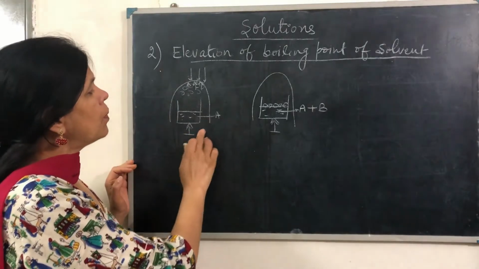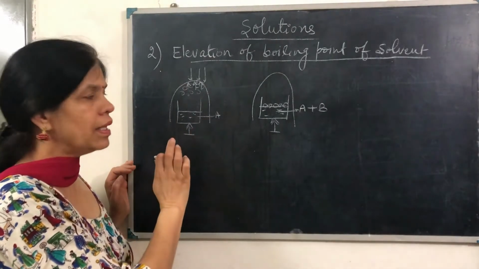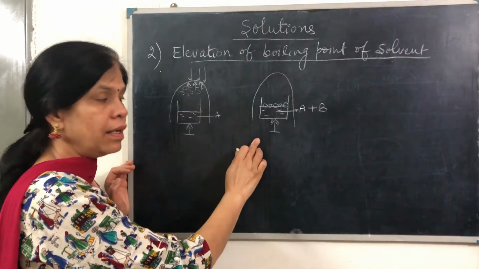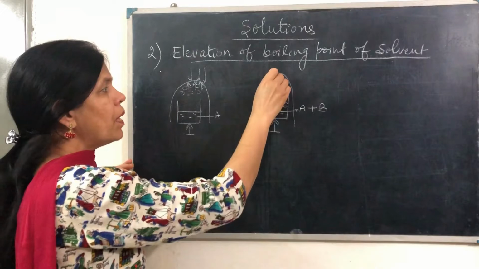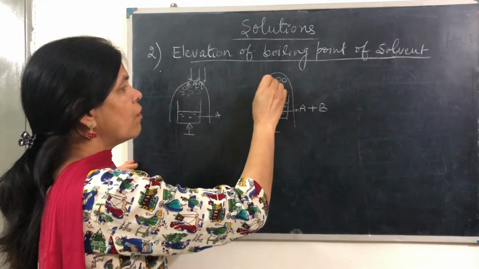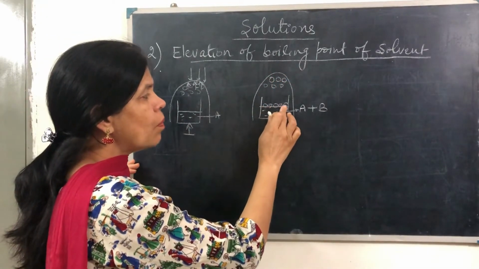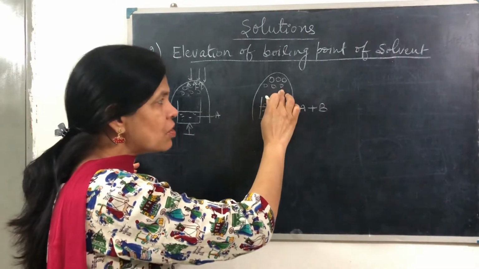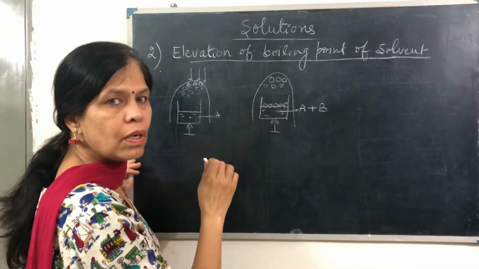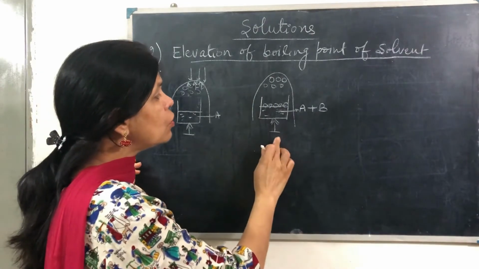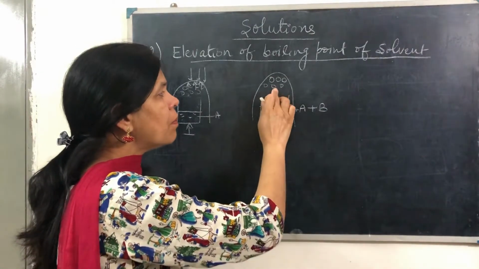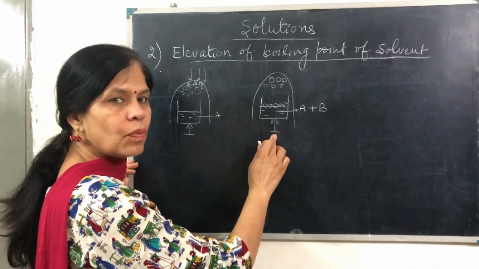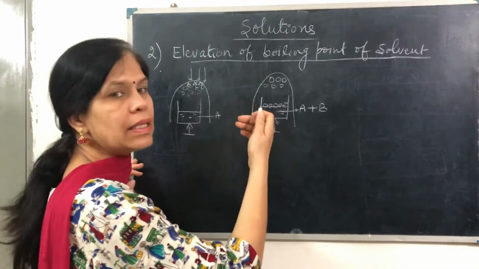We all know the boiling temperature of water is 100 degrees Celsius. At 100 degrees Celsius, vapor pressure may not be enough because the surface is occupied by non-volatile solute. Vapor pressure may not be equal to atmospheric pressure. So you need to heat it more so that the vapor pressure becomes equal to atmospheric pressure. And when you heat it more, then boiling point is raised.